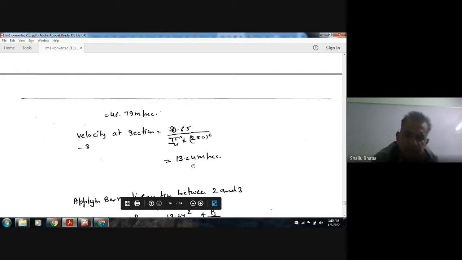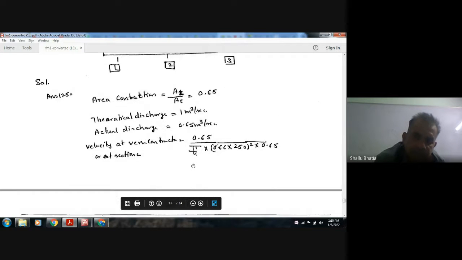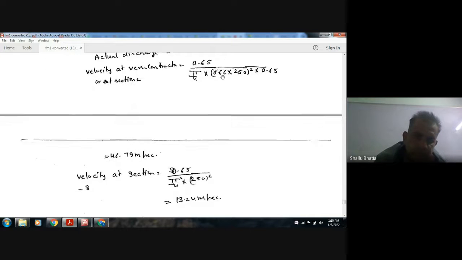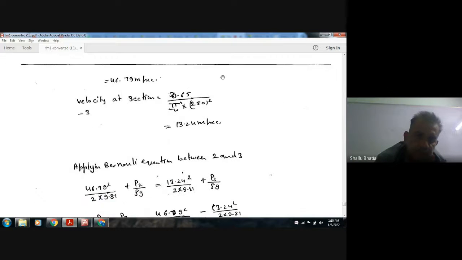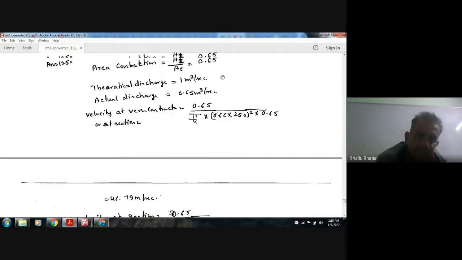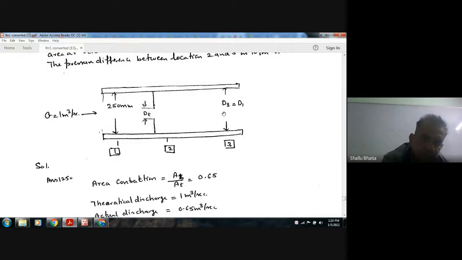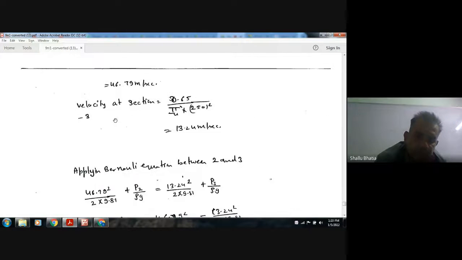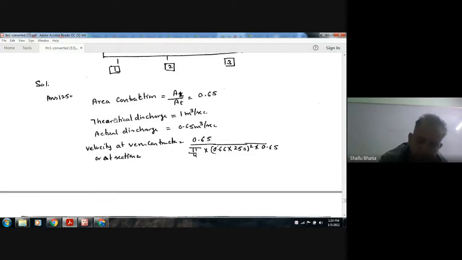So at vena contracta the discharge has been reduced. The actual discharge is 1 and here the discharge is just 0.65. So here the discharge will also remain just 0.65. Now we have the velocity at 3 and velocity at 2.